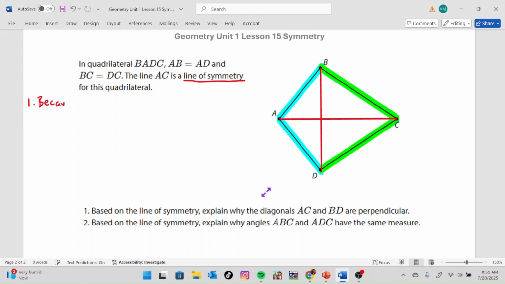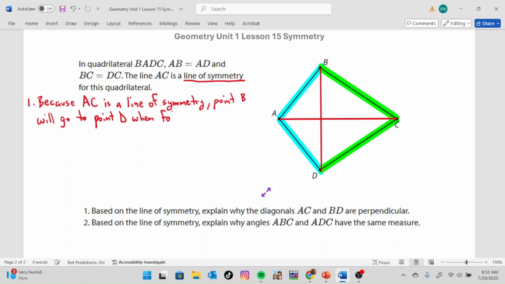So because AC is a line of symmetry, point B will go to point D when folded over.